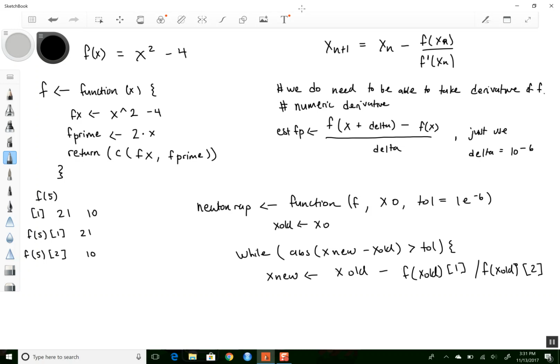So that is xn plus 1 equals xn minus f of xn divided by f prime of xn.